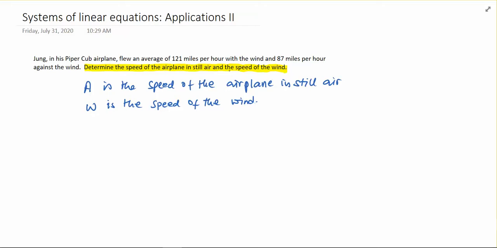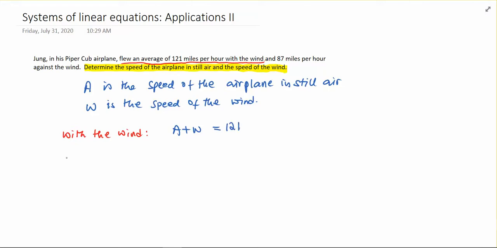So first equation, flew an average of 121 miles per hour with the wind. So with the wind, so when you're flying with the wind, with the current, the two speeds add together. So A plus W is equal to 121.